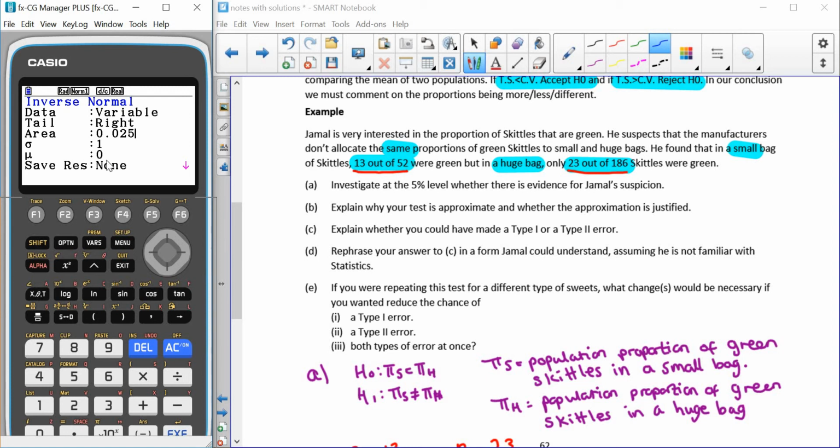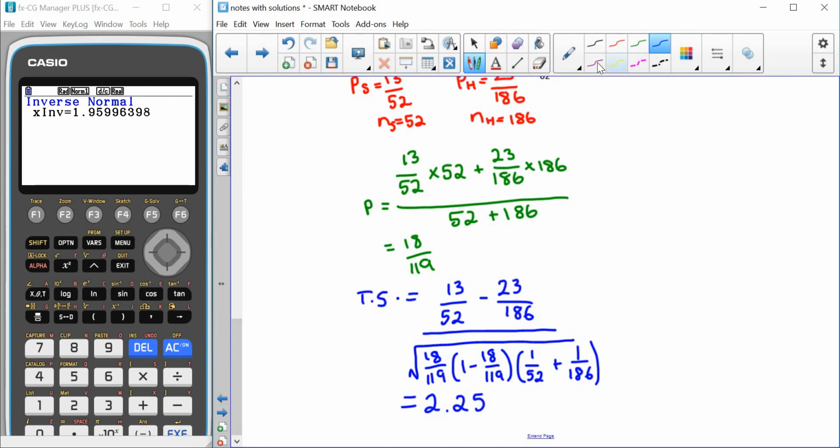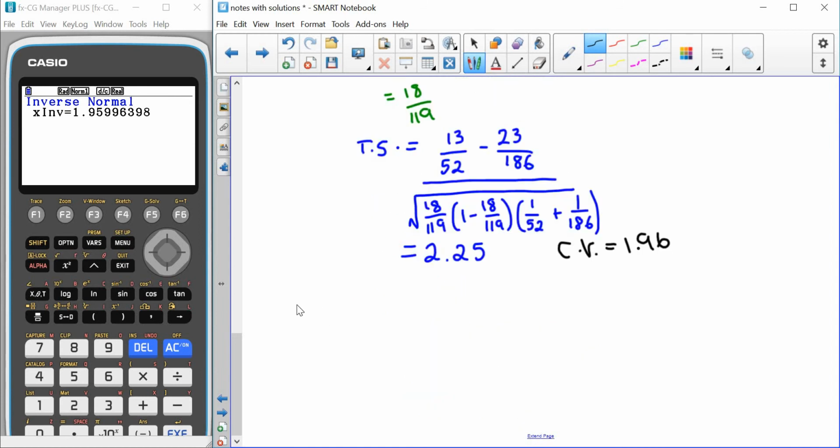And because we're getting our critical value from the standard normal distribution, we want our standard deviation to be 1 and our mean to be 0. There we go. So our critical value from the calculator is 1.96.